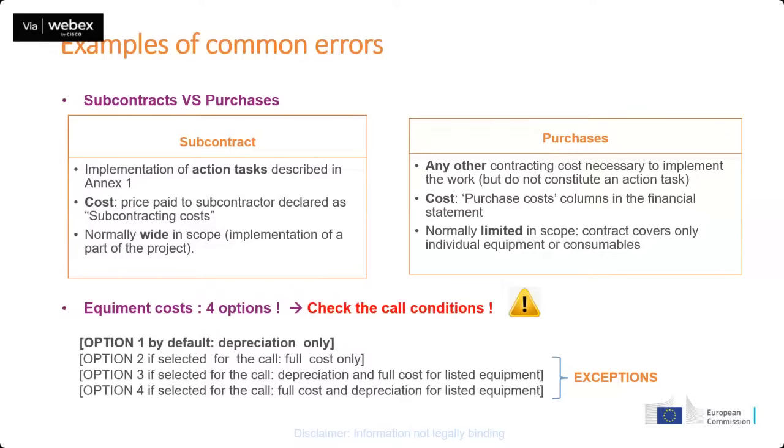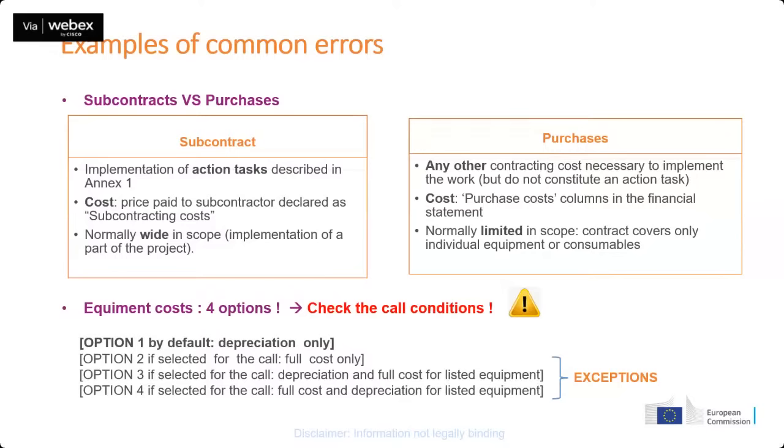Typically, it can be consumables or office supplies, also costs for dissemination and exploitation obligations, etc. So normally the purchases are limited in scope, while the subcontracts are wide in scope. These are the types of differences that you have to pay attention to, to avoid any errors in the future.